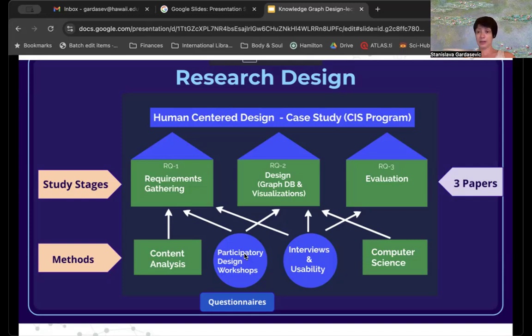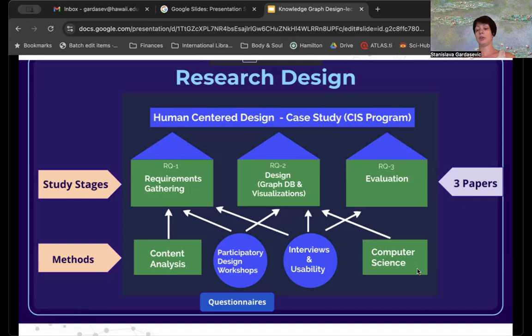And there are multiple methods that were used, or reused, in different stages. It all started with content analysis. That was like the beginning warm up, so to say. And then interviews and usability study were done in pretty much all stages, especially interviews. And then participatory workshops were done in 2 stages, the first and the second.